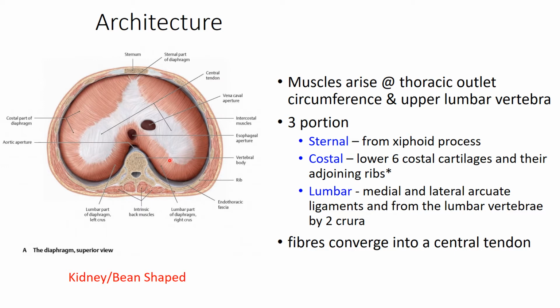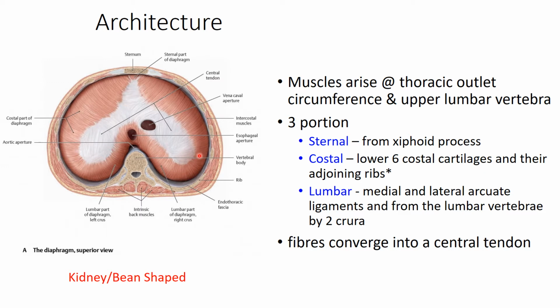Now the muscular portion arises from the periphery and converges towards the central fibrous or aponeurotic portion, which is known as the central tendon. The muscles arise at the thoracic outlet circumference and the upper lumbar vertebra. So essentially there are three portions. The sternal fibers arise from the xiphoid process.